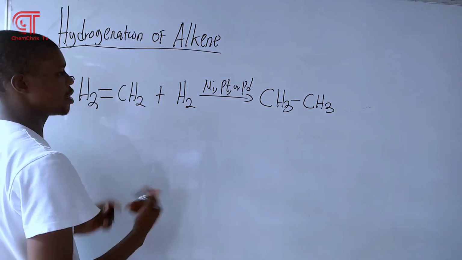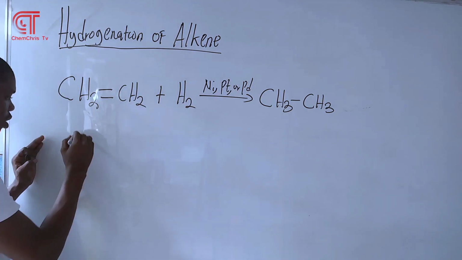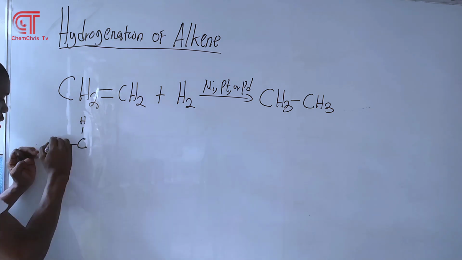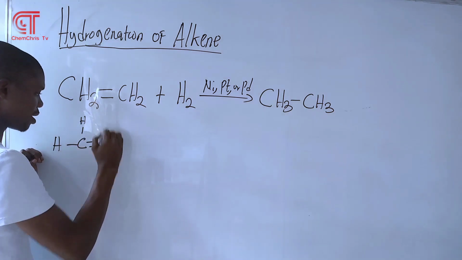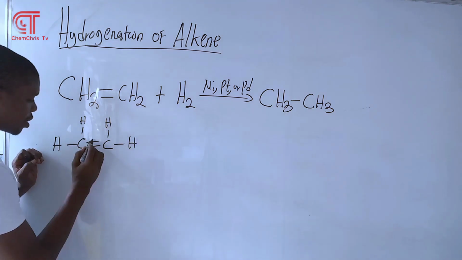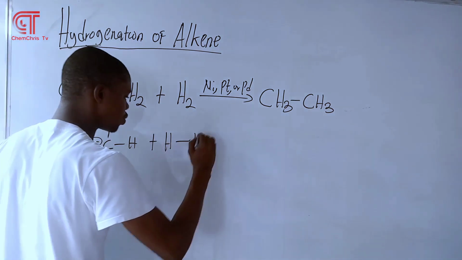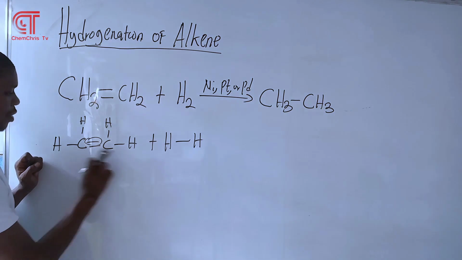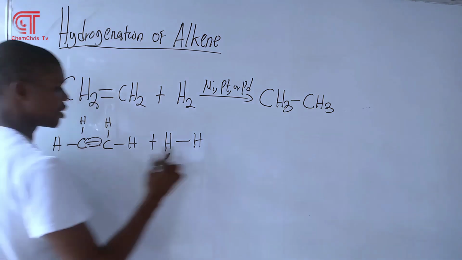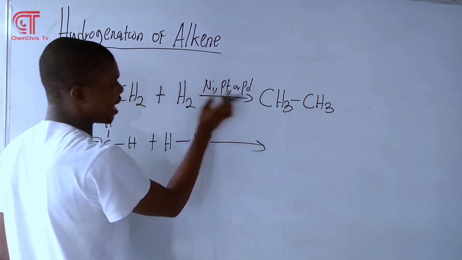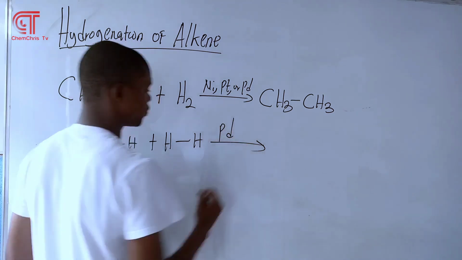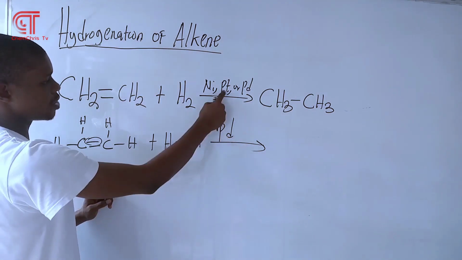So this is the reaction. Very easy. So it's just like hydrogen, then multiple bond here, hydrogen. Remember, I told you that this one is the pi bond. One will break the pi bond. So when you add two of the hydrogen, one will be added here, one will be added here. Now it can be any of these, so you can just say palladium, or platinum, or nickel.